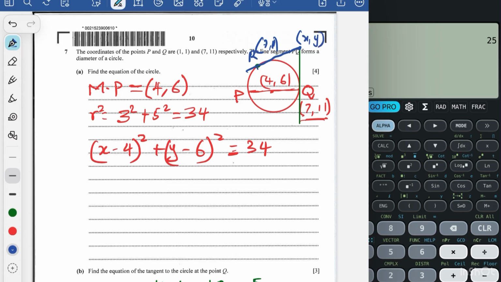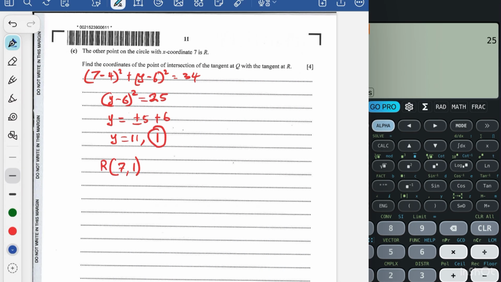So obviously, I need to find the equation. So I need to find the gradient. Let's call the center O. So I need to find the equation of OR.